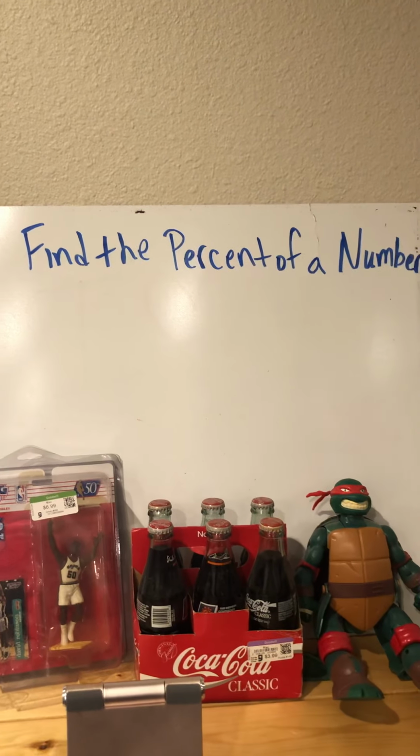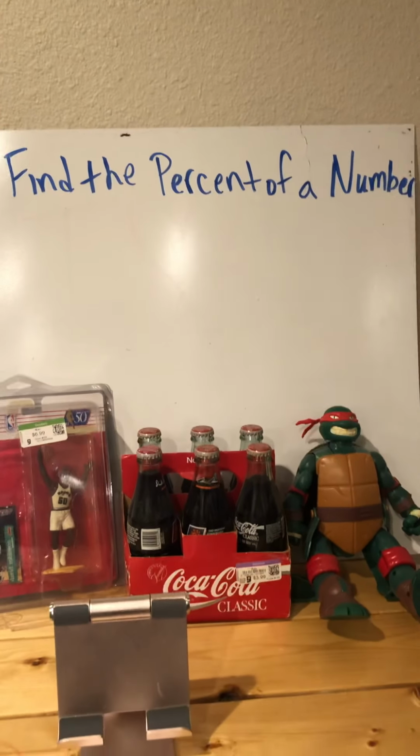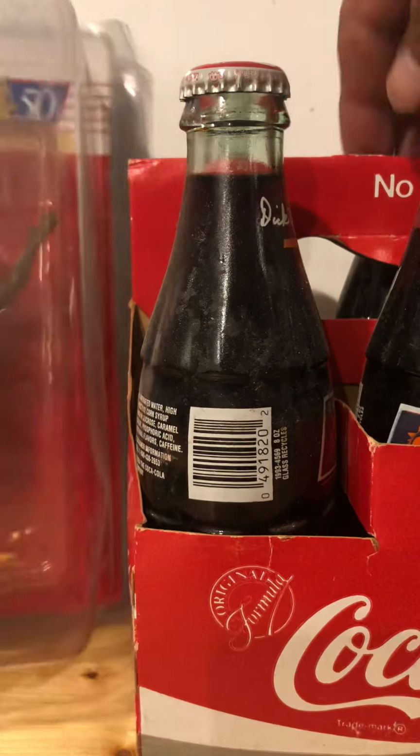How do we find the percent of a number? Well, what does that mean? The percent of a number. Well, we know what percents are, right? So when we're looking for the percent of a number, we're looking for a part of that whole.